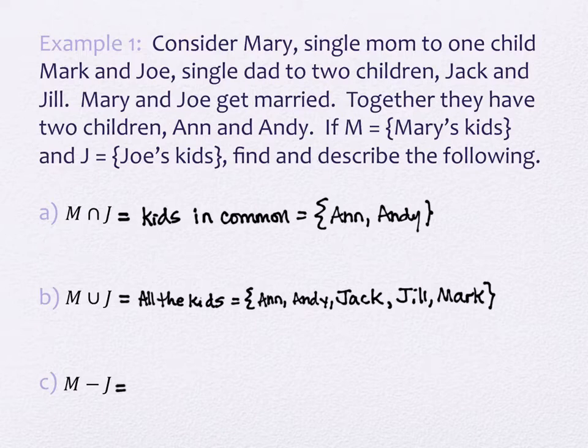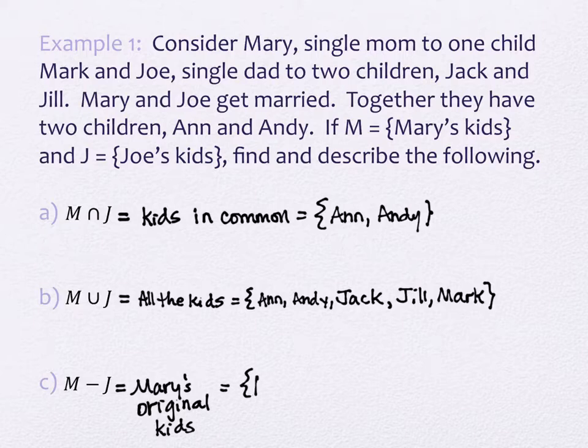What would M minus J be? Okay, so it would be just Mark. It would actually be Mary's original children, like the ones that she had before she got married, right? So original kids before she married Joe.